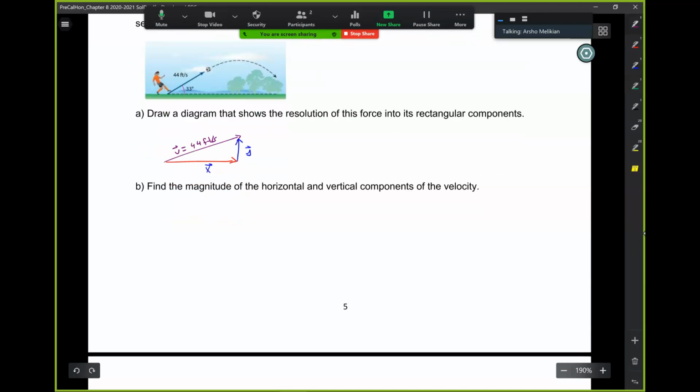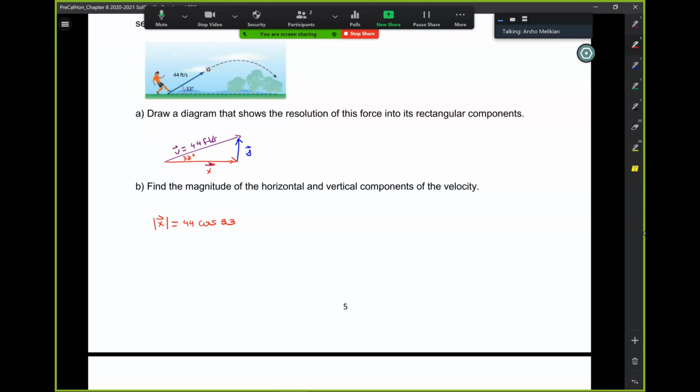Okay, find the magnitude, right? Let's do x first. Okay, x is always the hypotenuse times cosine of the angle. You don't believe me? Do it the other way, right?